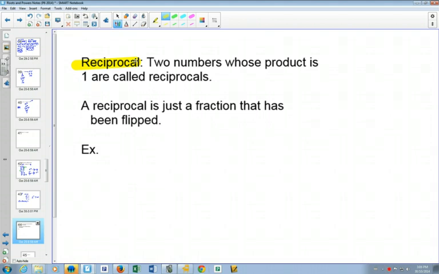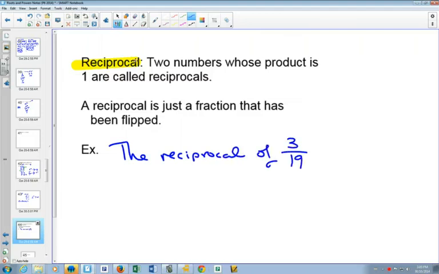Friday. So, the reciprocal. Here's an example. The reciprocal of 3/19 is 19 over 3. And you've seen reciprocal before in multiplying by the reciprocal when you're dividing.